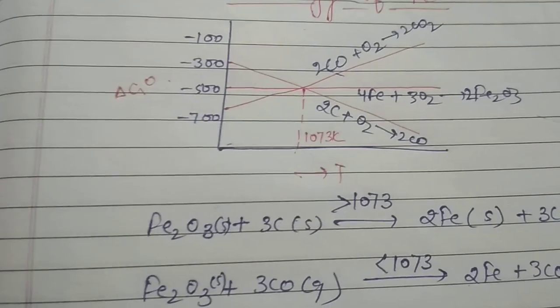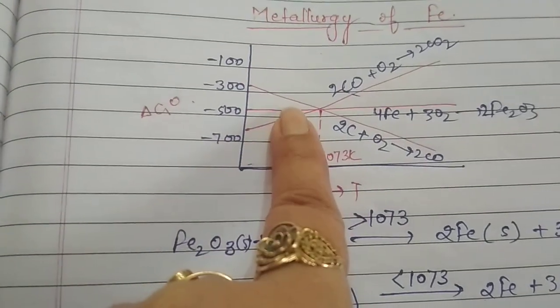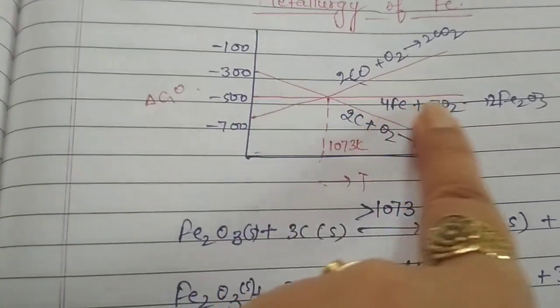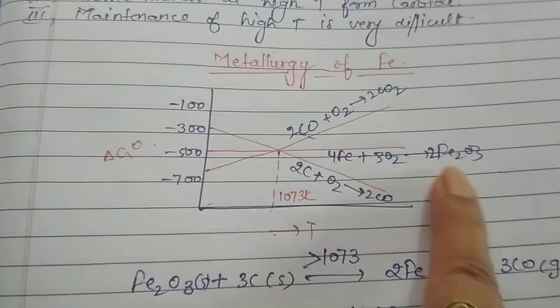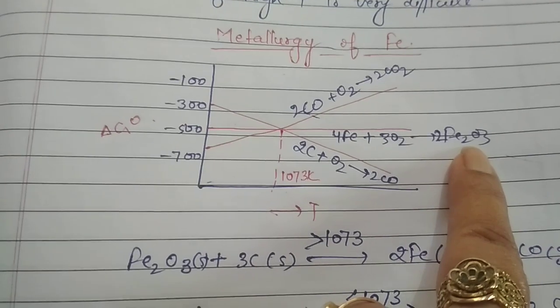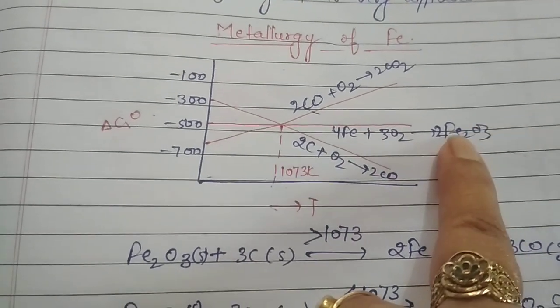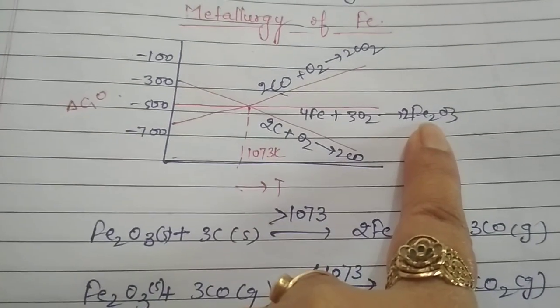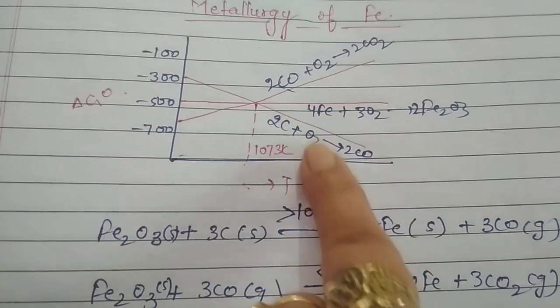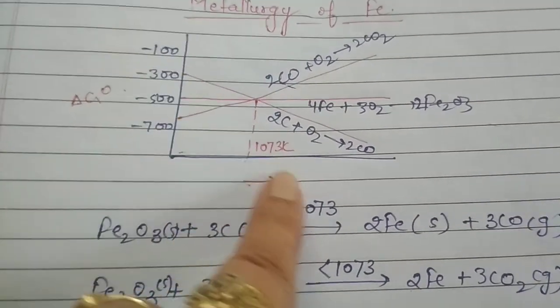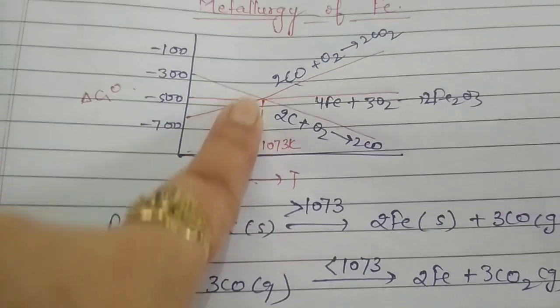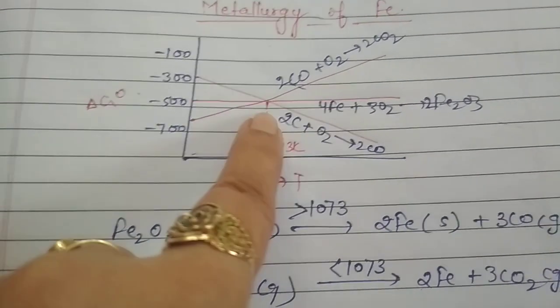So in this case also we are able to see that this is the graph for iron to iron oxide. Means if I am to reduce the iron oxide, I have to select that reducing agent that is below this graph. Here below 1073 Kelvin, because the intersection point is 1073 Kelvin.